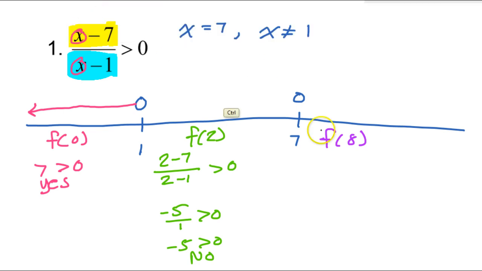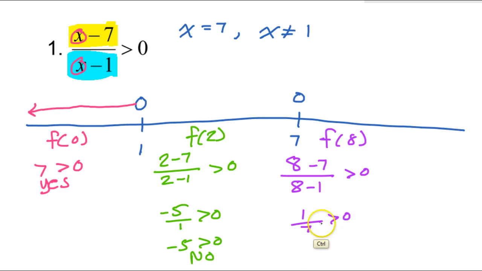And finally, I will check f at 8. So that would be 8 minus 7 over 8 minus 1. And is that greater than 0? Well, that would be 1 over 7. That is true. That's a positive number, so that's a yes.